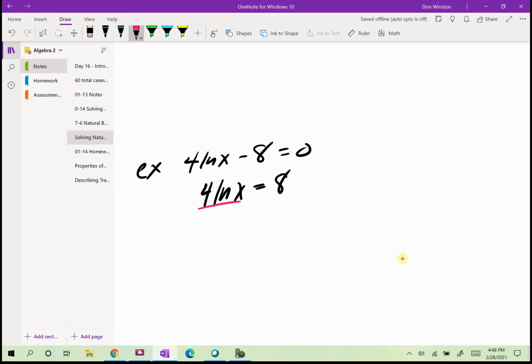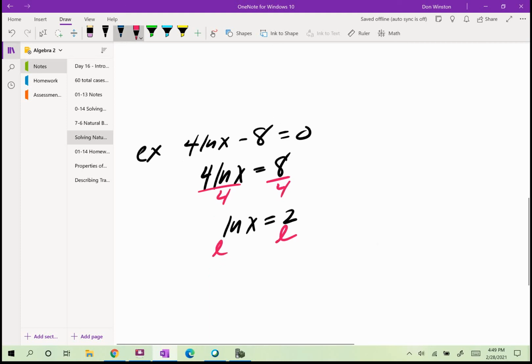Then if I divide everything by 4, I'll get natural log of x equals 2. Then I'll take e raised to the natural log of x equals e raised to 2. Inverse properties, that's just x is equal to e squared.